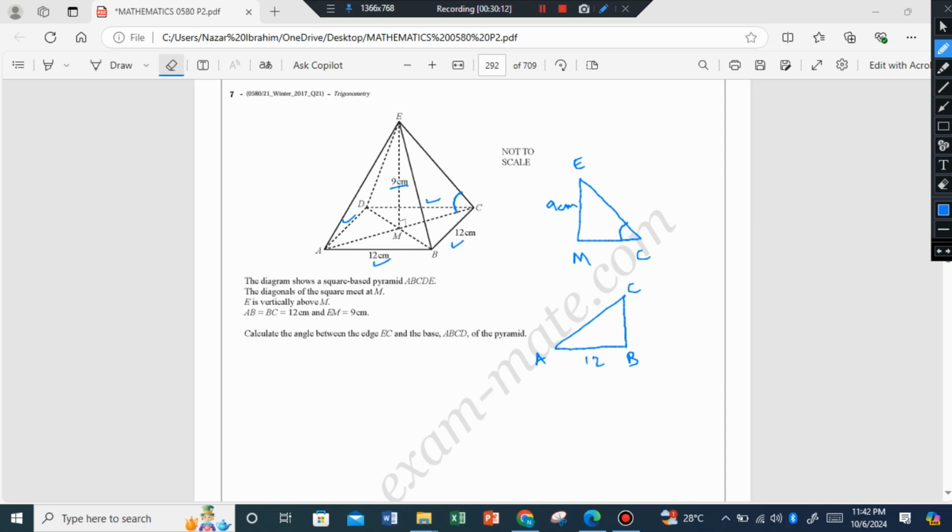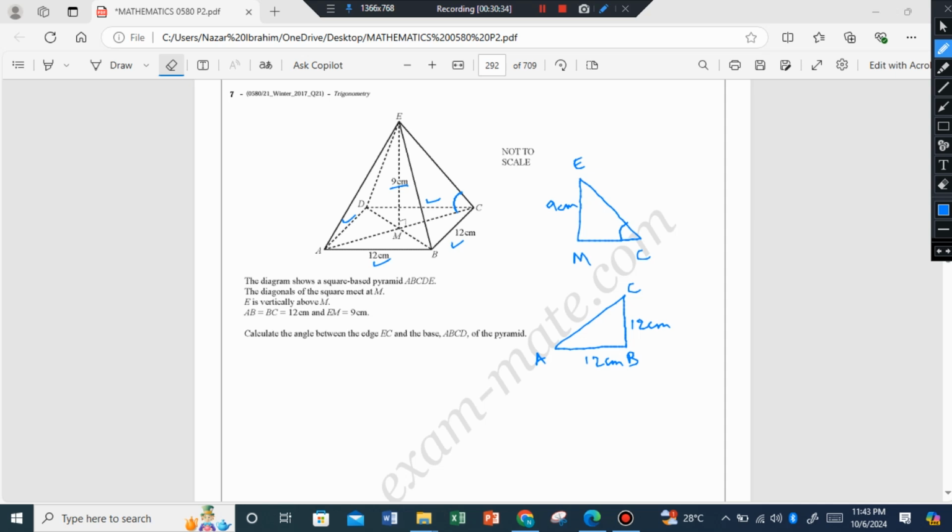So I know AB is 12 centimeter, I know BC is 12 centimeter. I can take out this side AC because I am required to find MC, and since it's a square based pyramid, MC is basically half of AC. So first I'm calculating AC.